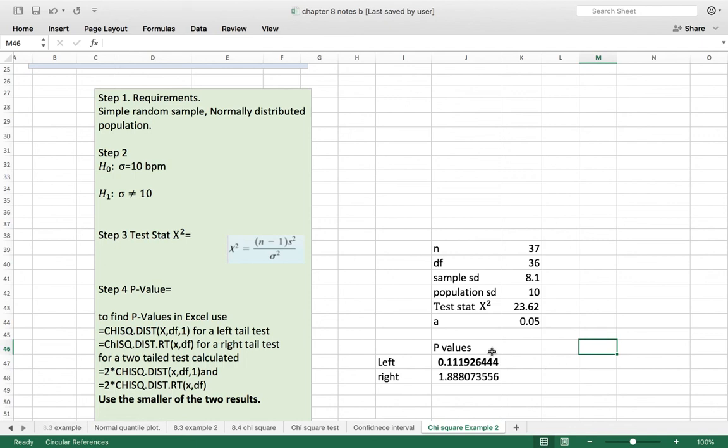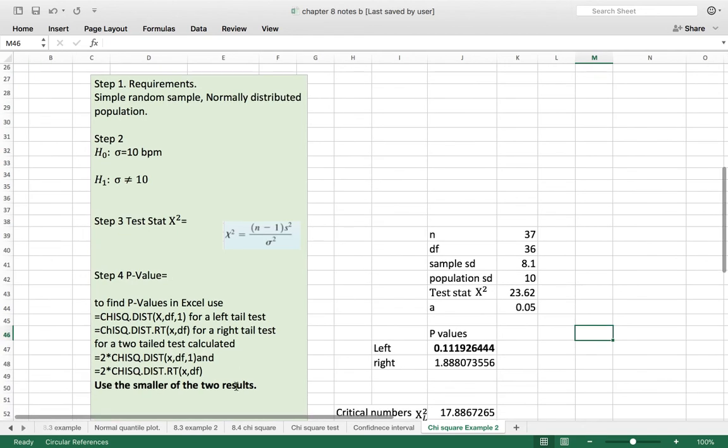Okay, now we're going to find our p-value for this two-tailed test. So on a two-tailed test, remember, we're going to use 2 times the chi-square distribution for the left and 2 times the chi-square distribution for the right, and our p-value will be the smaller of those two values.